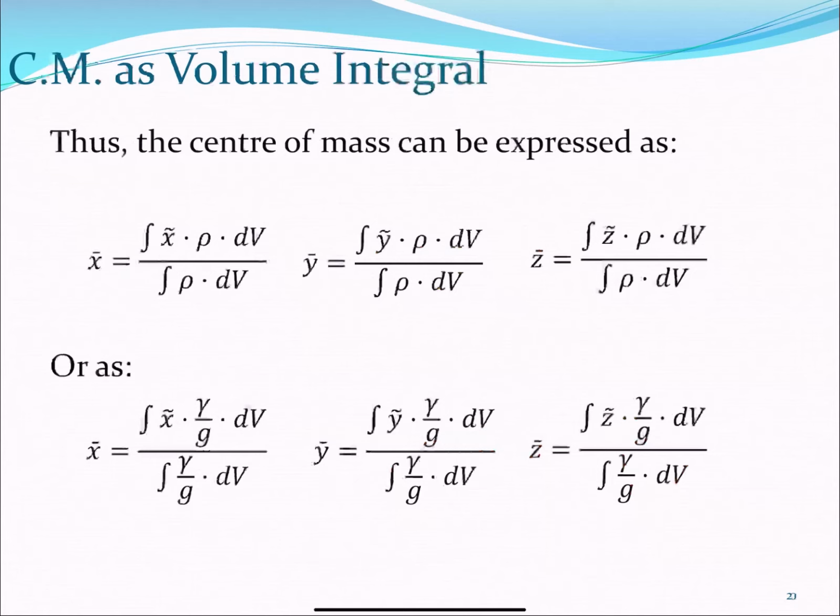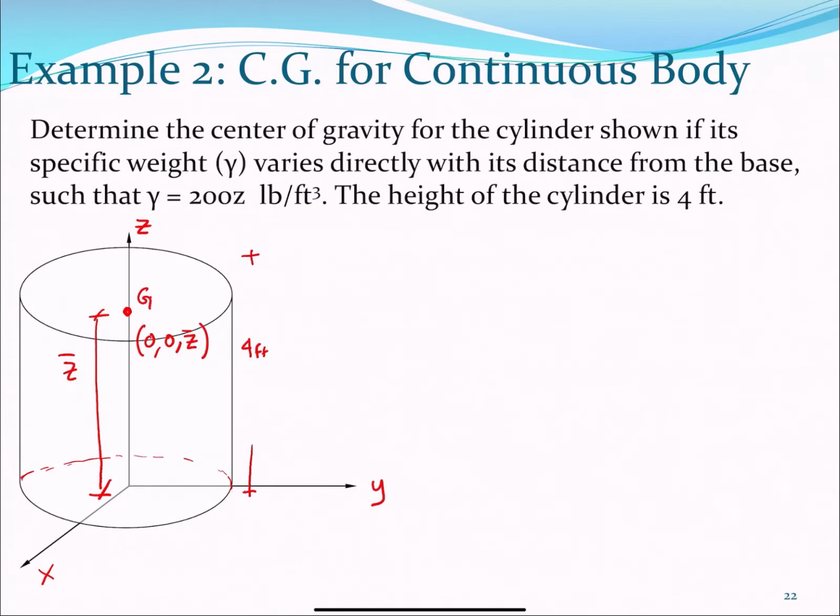So center of mass can be expressed in this way, or expressed in this way, just making use of the specific weight relationships or the density expression. And it'll be just a matter of knowing what equation to use.